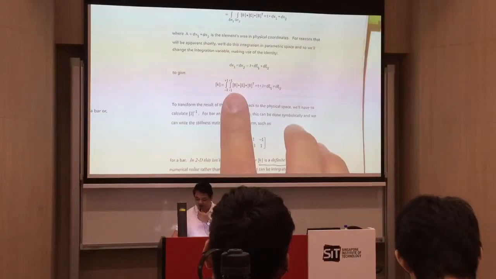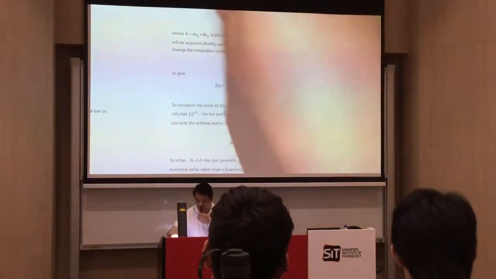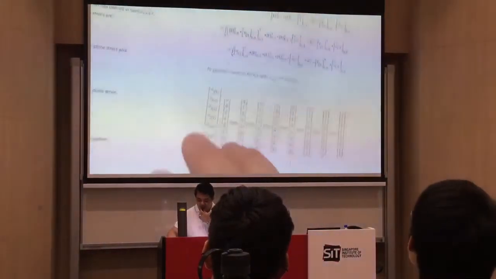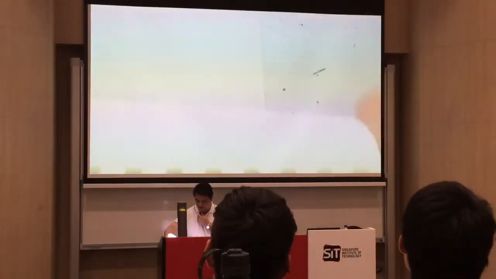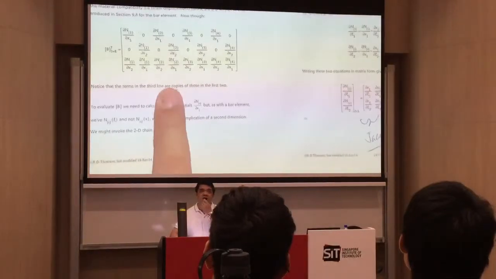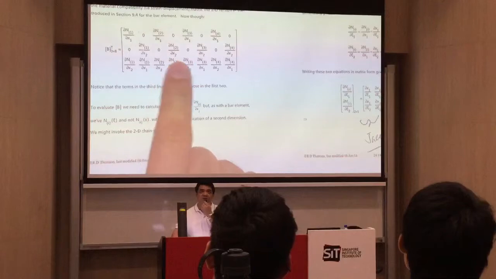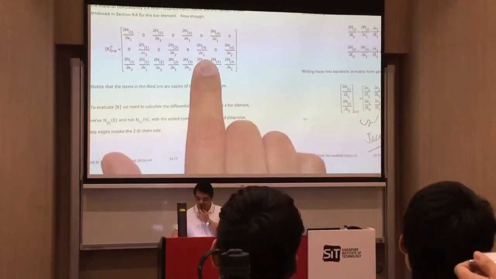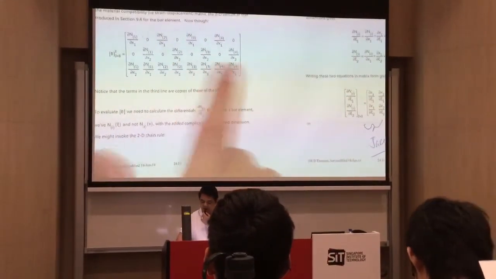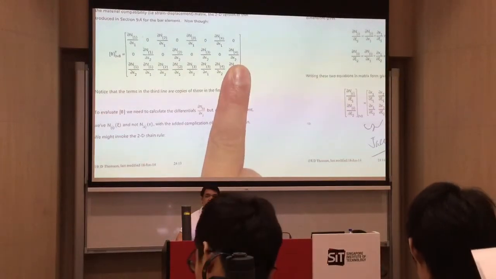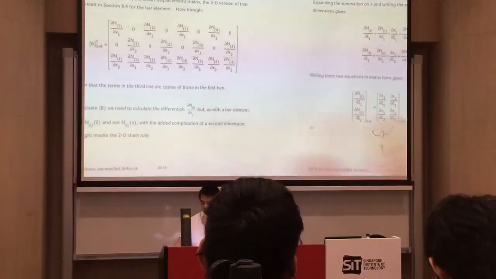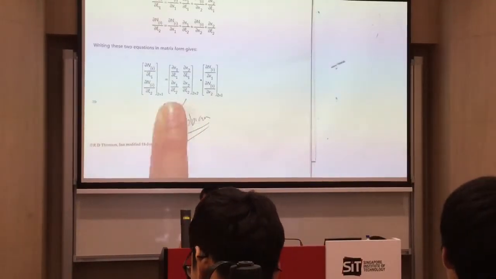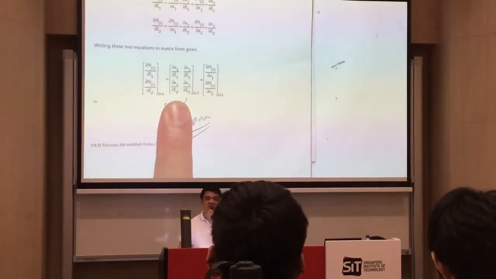And then your strain displacement matrix can be determined using this one here. As you can see, you have a lot of shape functions there: N1, N2, N3, and N4, so four shape functions. And then your Jacobian will be a 2x2 matrix.